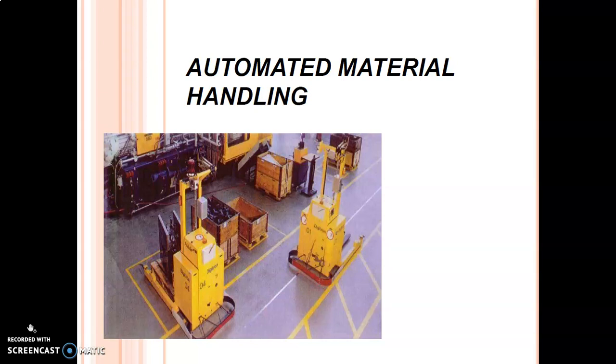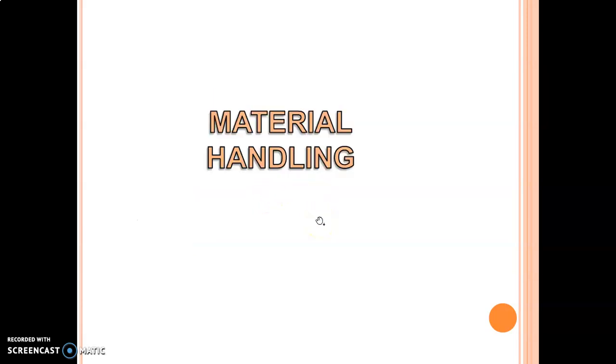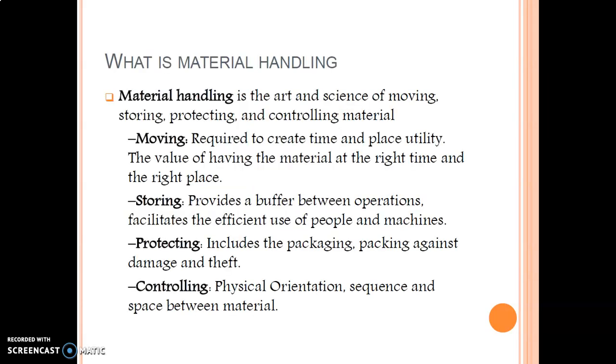So when we consider the movement of any component or any system within the plant, that is known as the computerized material handling system. So we will discuss all the parts in detail. Like what we call a material handling system.